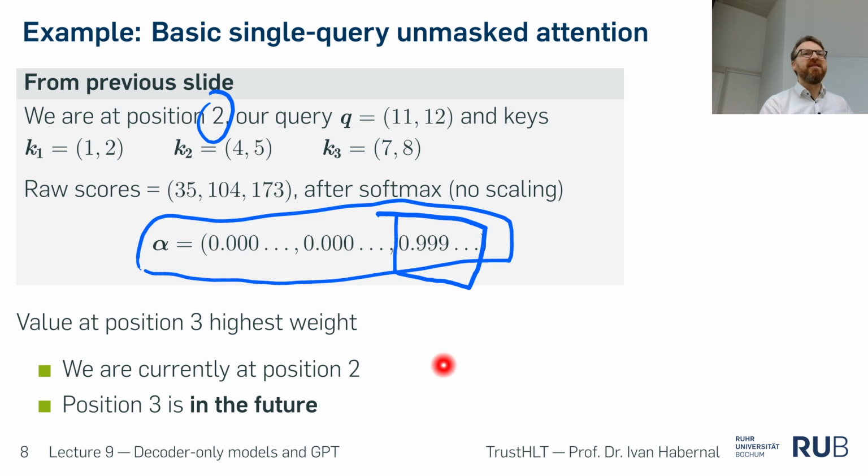It means that at this position 2, whatever the input was, I don't know what the input was, the highest attention was to the 3rd token, which means the attention would be looking into the future. This is the problem we're having in this attention. Everything attends to everything. So a token from position 1 can have a strong association to a token at position 64 or anything in the future, and vice versa.